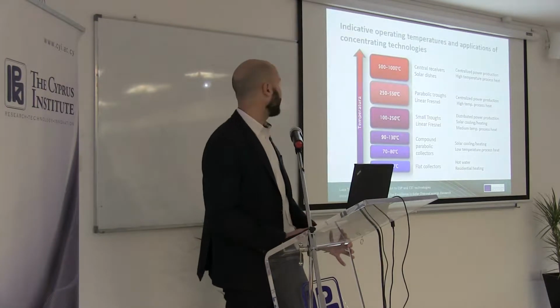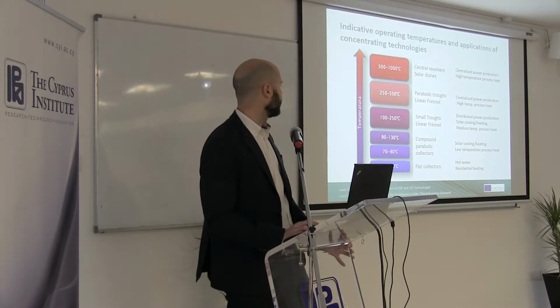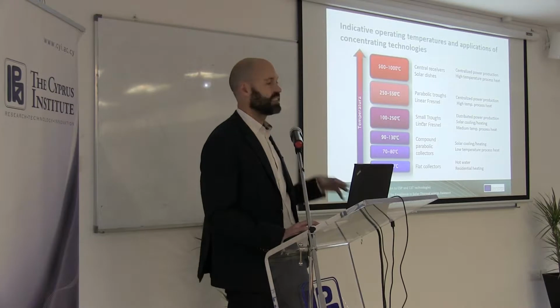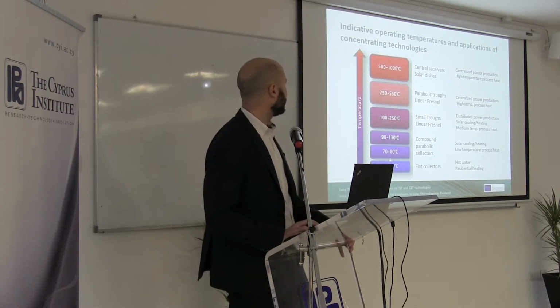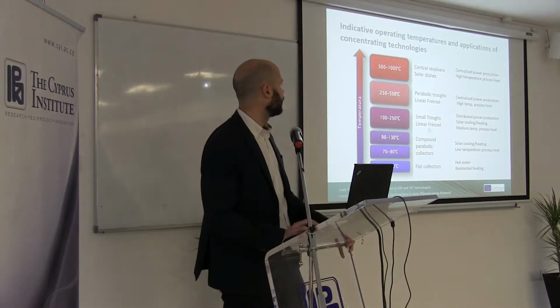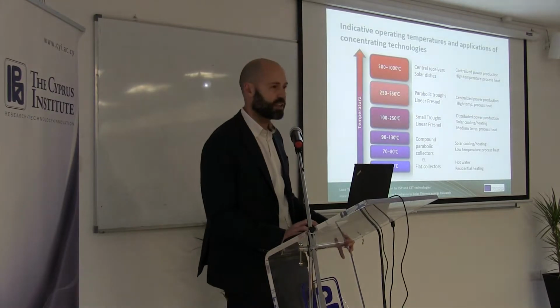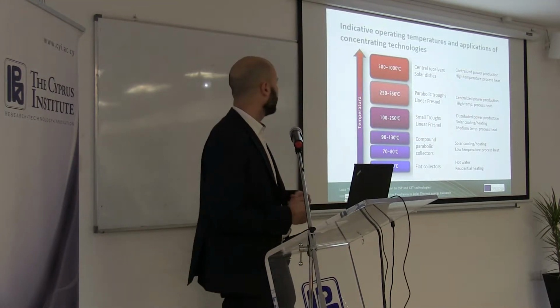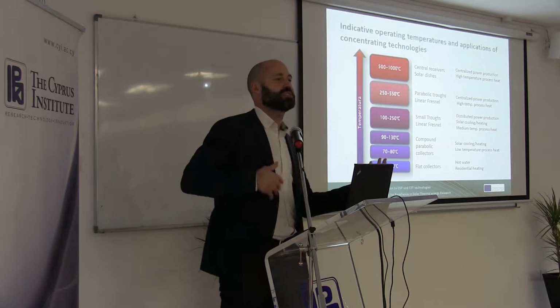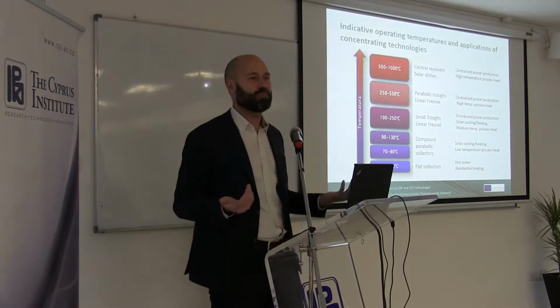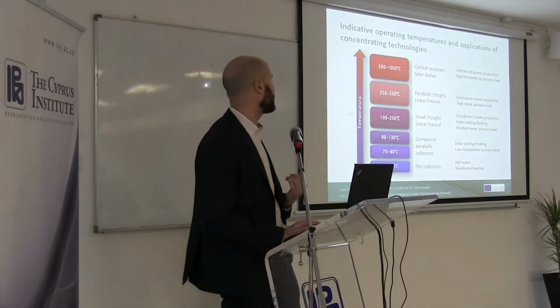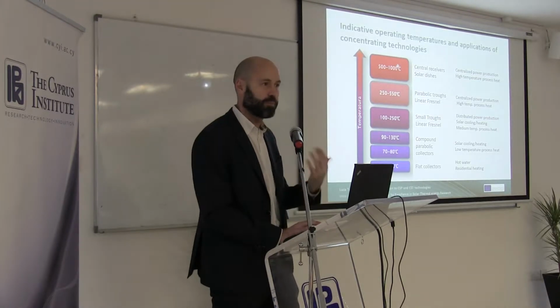But okay, here you also see a first application scenario for the different types of concentrating technologies that we have seen. So which technology is best suited for any application? It depends. It's mostly related to the temperature level required by your process.